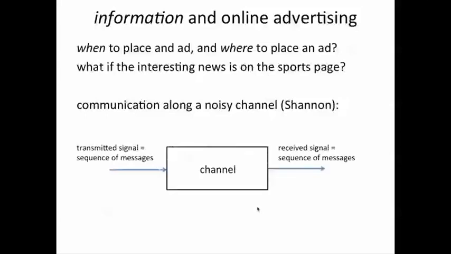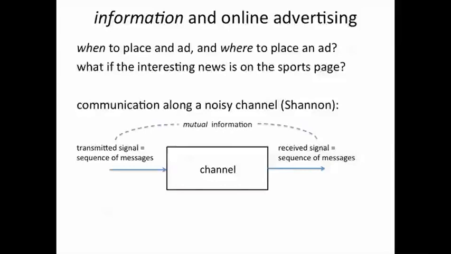The model that he used was the transmitted signal at one end of the channel. It could be a sequence of messages, or today a sequence of bits, was received on the other side as another sequence of messages.